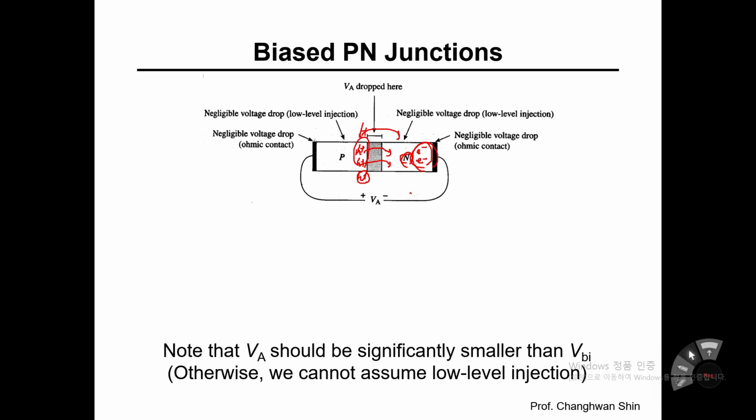So for example, the holes are now injected into the N side because a positive bias, or higher voltage, has been applied onto the P side. However, the total amount of electrons, which is the majority carrier in the N side, would not be significantly affected. Okay, so that is the last assumption that I'm going to use in doing ideal PN diode analysis.